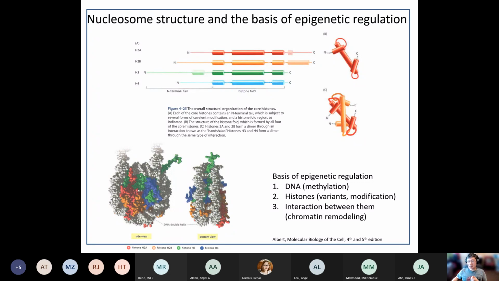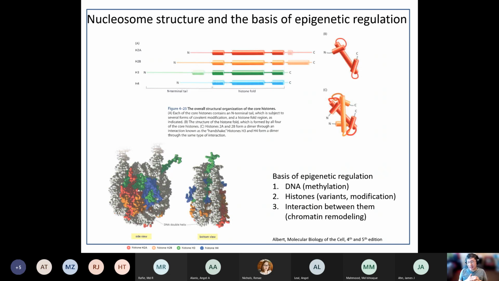On this slide, I show you the structure of the nucleosome at the bottom. That's the EM structure, or it's just an illustration of the nucleosome. The nucleosome is the fundamental structure of chromatin.